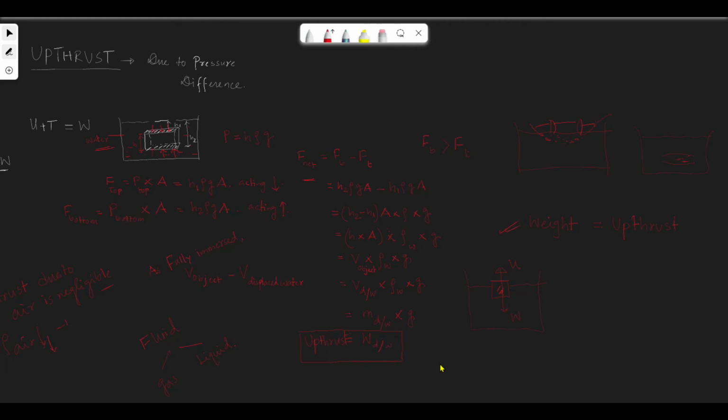And since this upthrust is mostly in air, because while calculating the upthrust we consider the density not of the object, rather the density of the fluid where the object is. So since the density of air is much less than the density of anything else, the upthrust is going to be negligible compared to the other forces concerned.